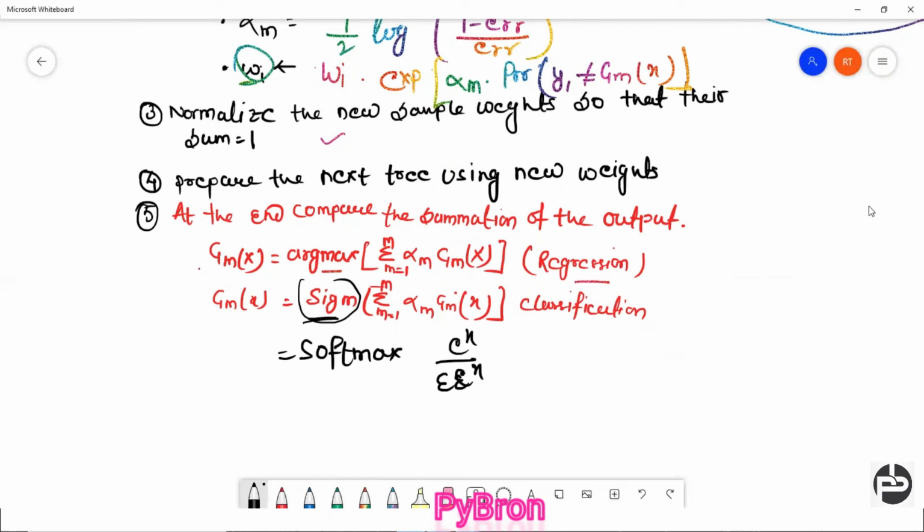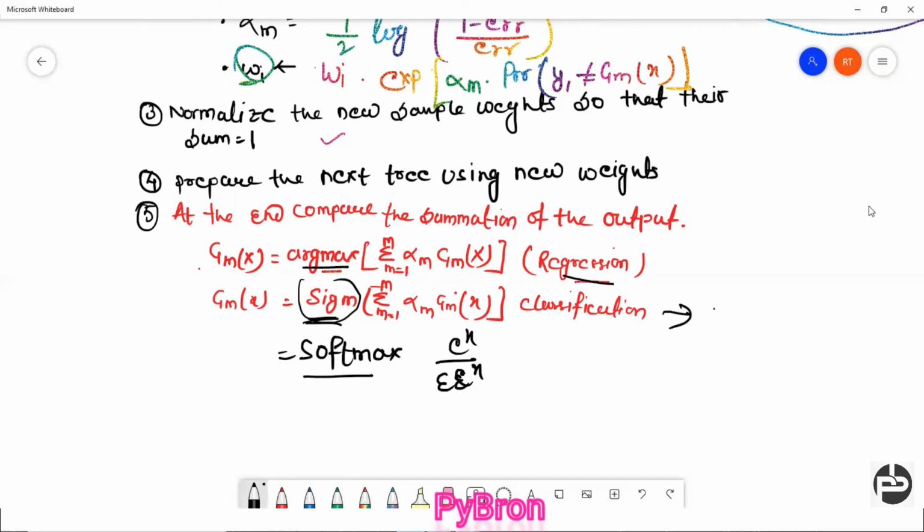So whatever changed weights come with the changed output, if it is a regression problem, then we will use the argmax function. If it is a classification problem, then we will use the sigmoid or softmax function and classify the output.